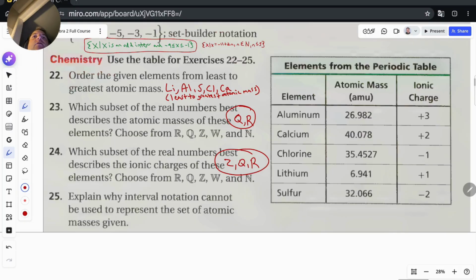So let's recall what interval notation describes and ask ourselves, does it work for all sets? In other words, does interval notation describe individual separated values or a continuous range? And in this case, it's a continuous range. The atomic masses are 5 specific individual values, not a continuous range.